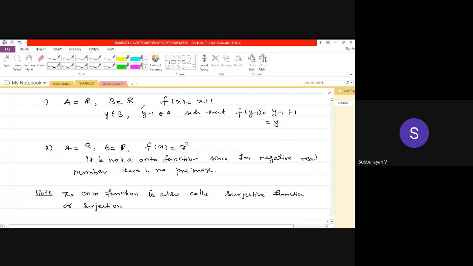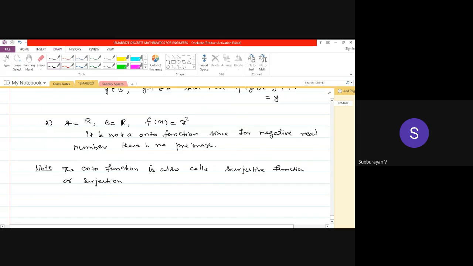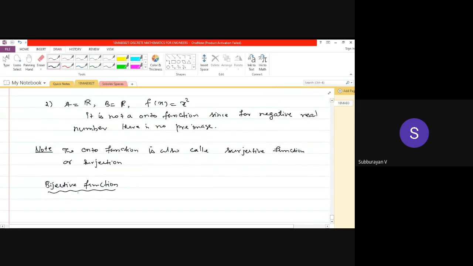Okay. So next definition, bijective function or one-to-one correspondence. Now, let f from A to B be a function.